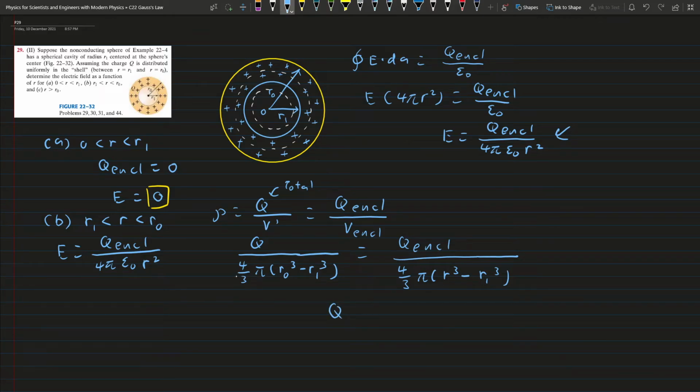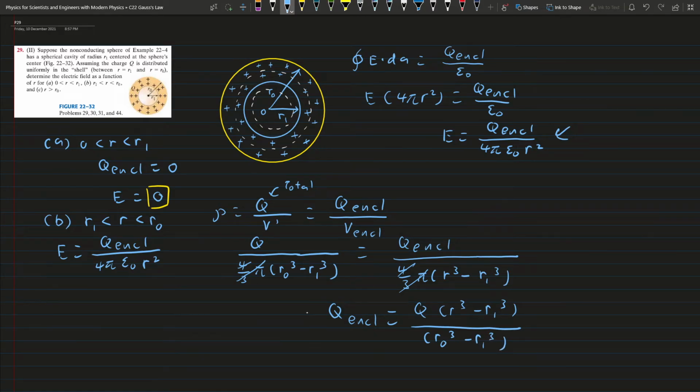Now the 4/3 pi can be cancelled, and Q enclosed equals Q times r cubed minus r1 cubed over r naught cubed minus r1 cubed.